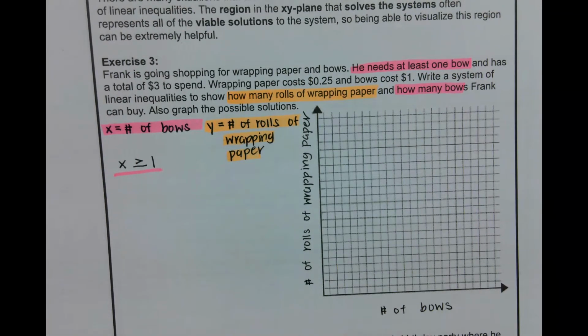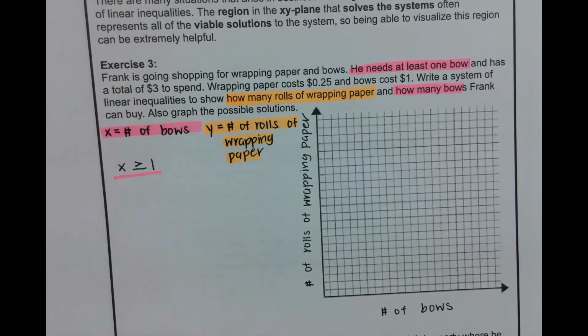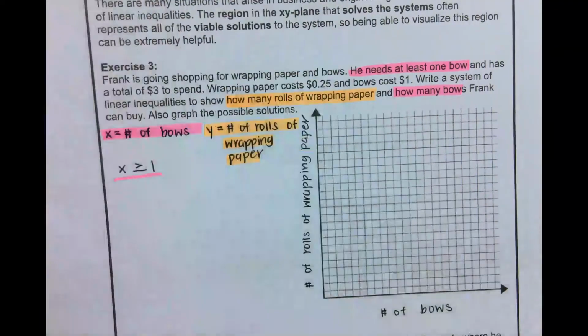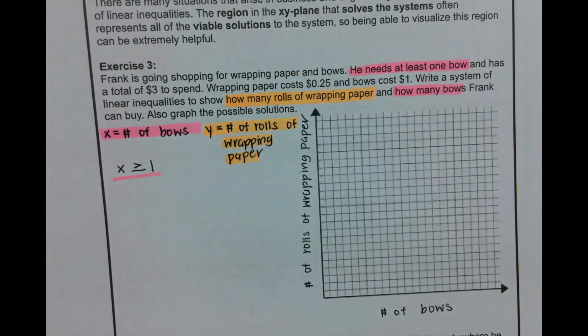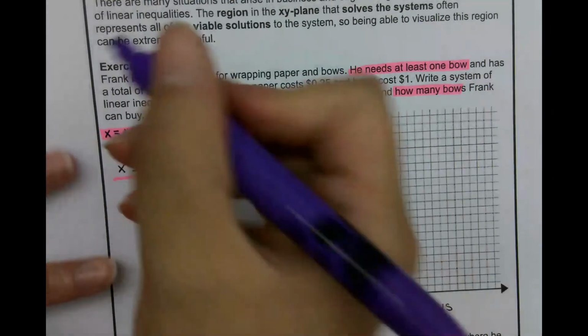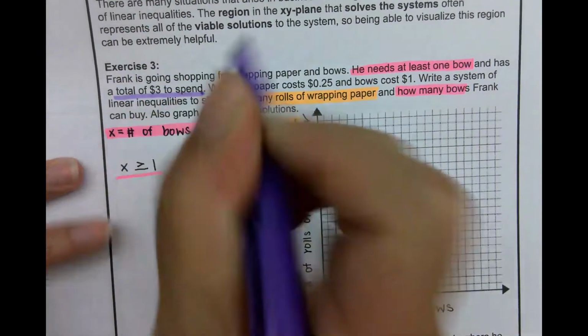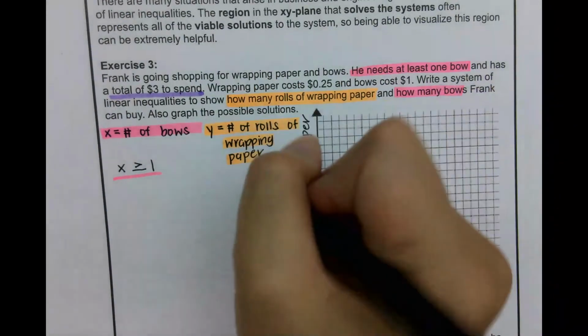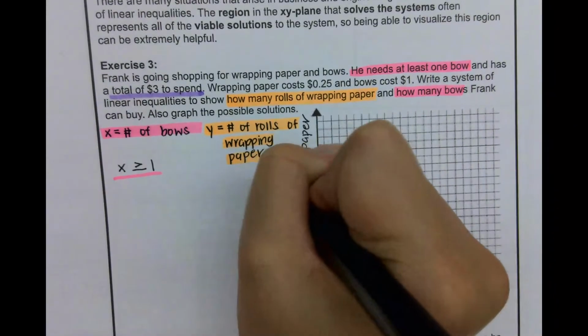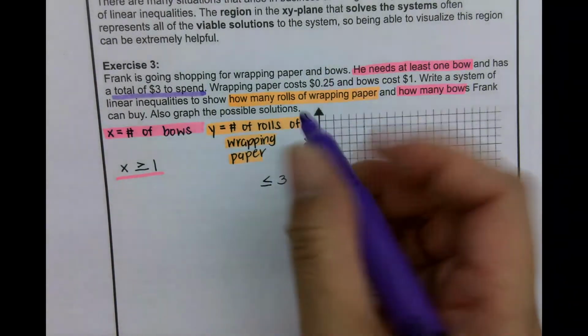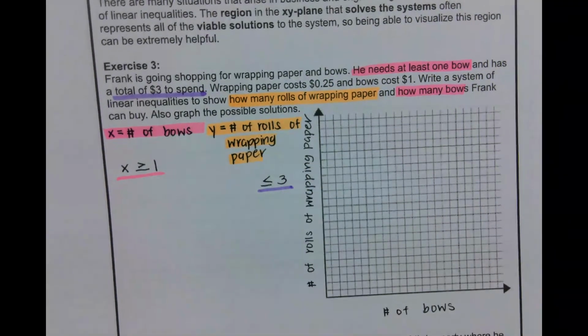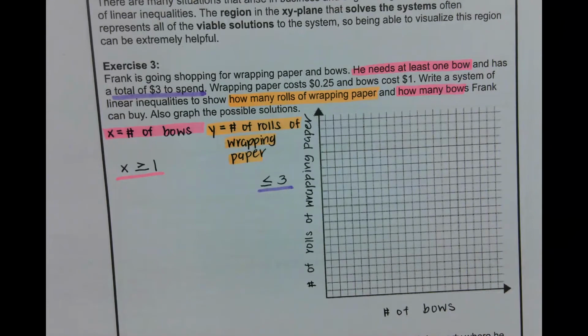Then the other thing we know is how much he has to spend, right? If he has a total of $3 to spend, maybe let's do purple, what we know is that the amount of money he uses has to be less than or equal to 3. So what is he spending money on? Wrapping paper and bows.